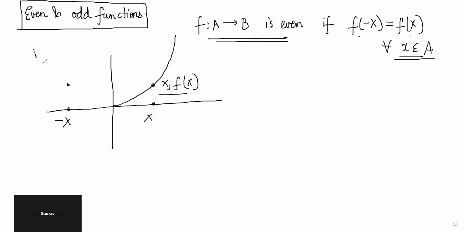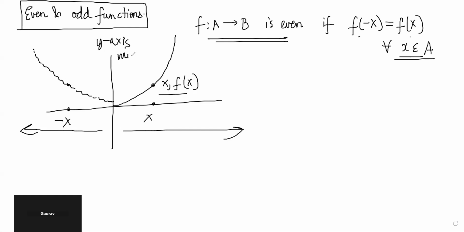That happens for all x, which means this is a reflection on the y-axis. The y-axis will be your mirror and the graph of an even function will be symmetric about the y-axis. Do you understand what I'm saying?